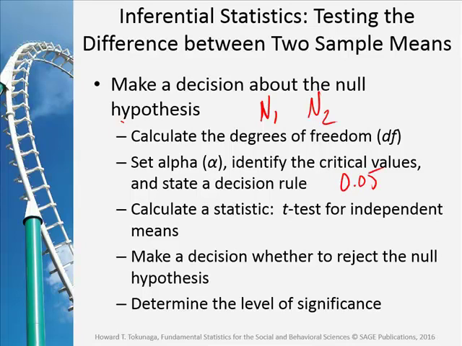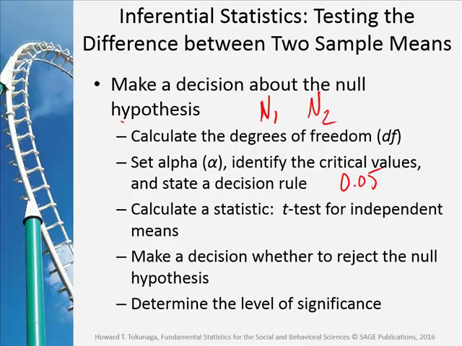Identify the critical values and state a decision rule. Okay, here's the thing. Identify the critical values. If it's lots of observations, what's probably our critical value? Remember, bucket on the floor, I draw the distribution, and I'm going to shade a region.